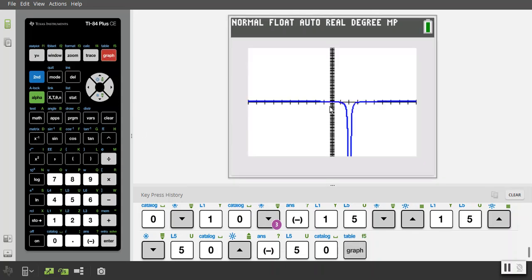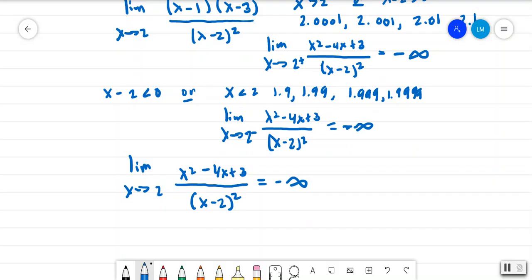So we can see that the graph of the equation is approaching minus infinity from the left side of 2, and it's approaching minus infinity from the right side as well. So in that case, that tells us that we have minus infinity.